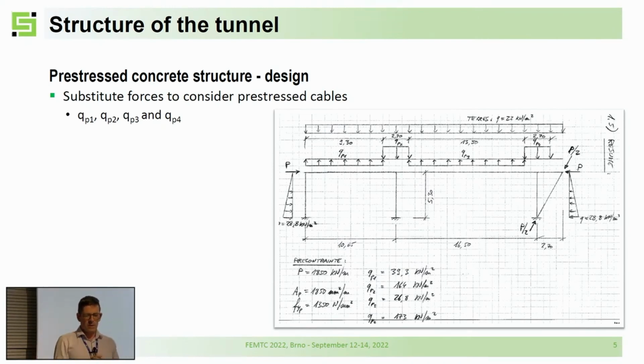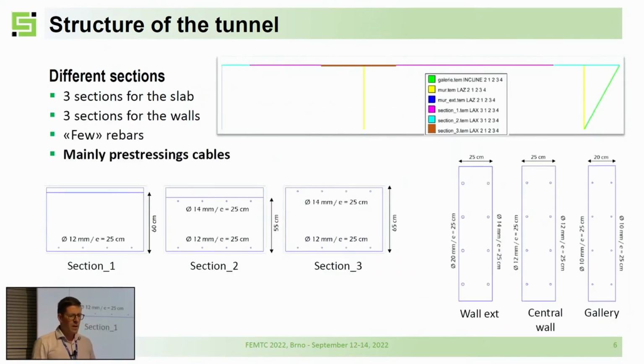So we will put the prestressing force into the model by a method that is called substitute force. Maybe in English that is not the correct word, but you can understand that as the cable has a parabolic curve, they will put a weight on the top.